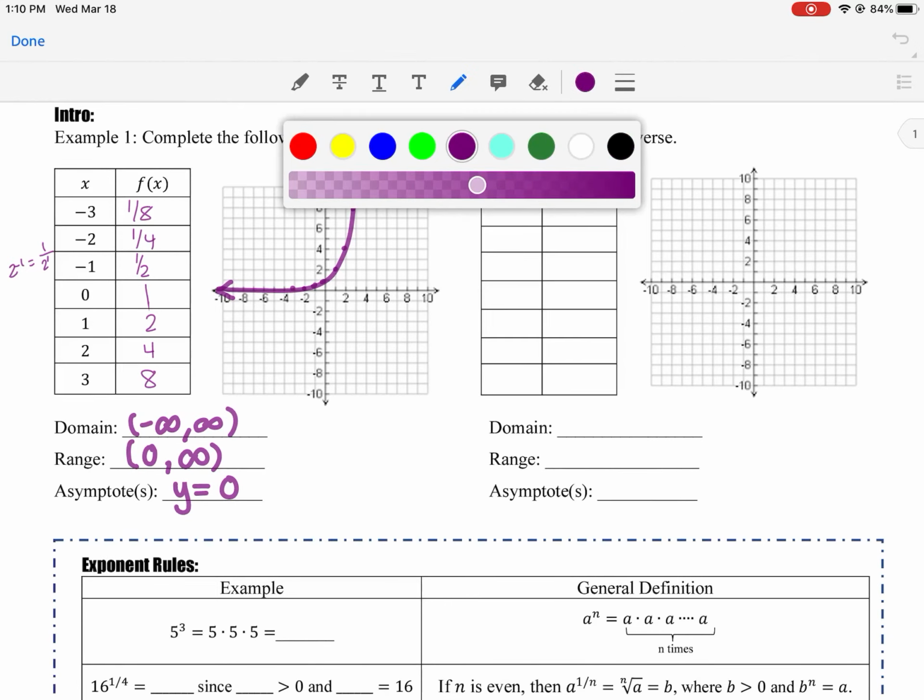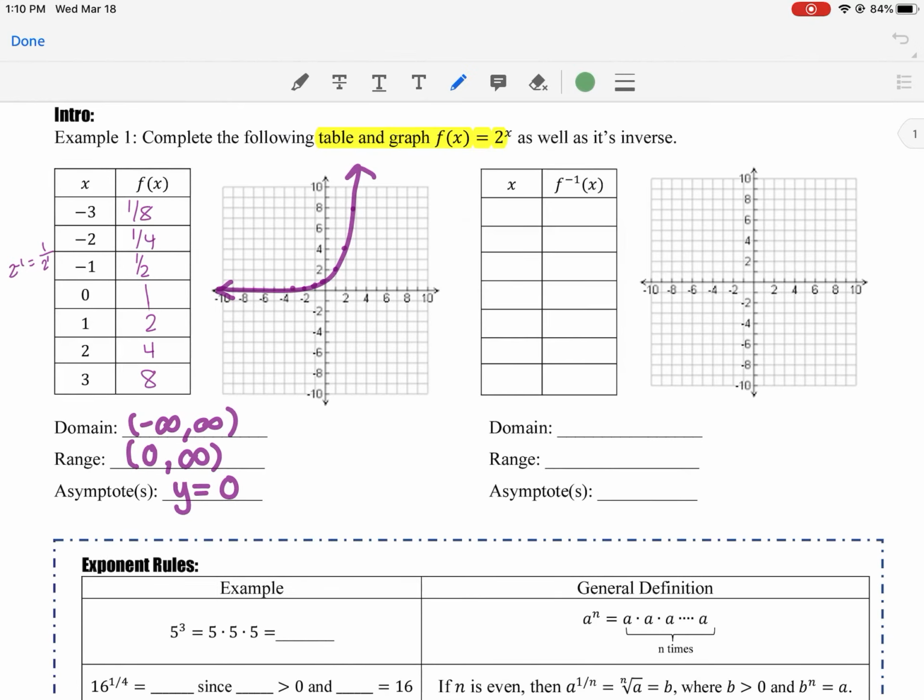Okay, as we think about the inverse, we're going to flip-flop our x's and y's. I think that's the way most of you were most successful with it last unit. So let's flip-flop those x's and y's. Once you've done that, I think you're pretty good at graphing the points and seeing what it looks like.